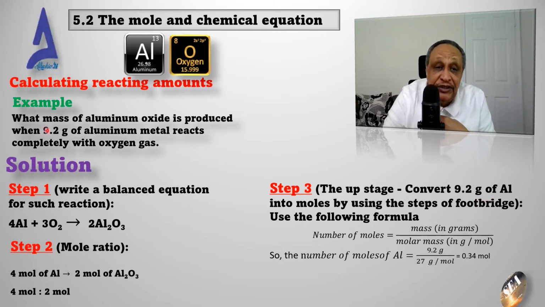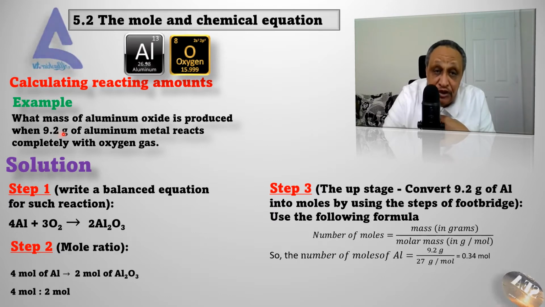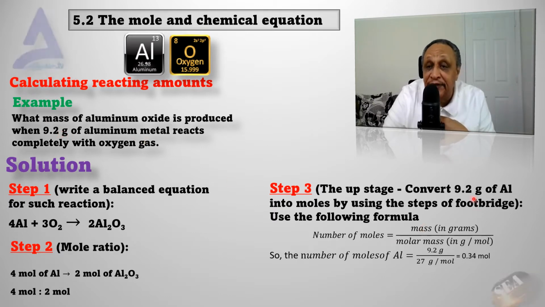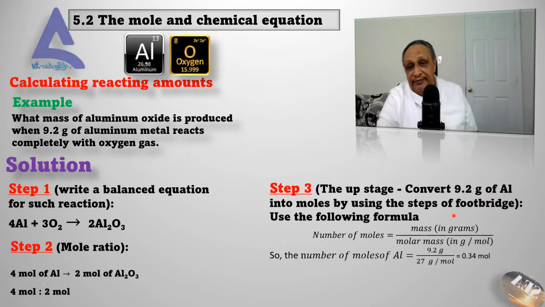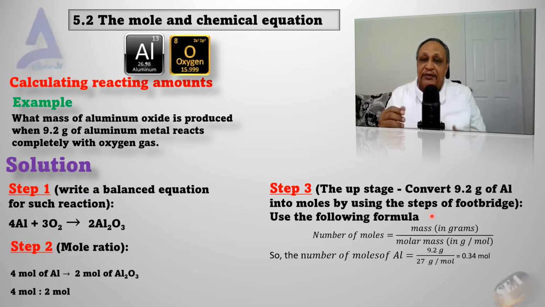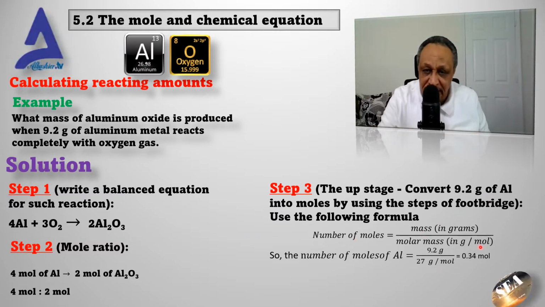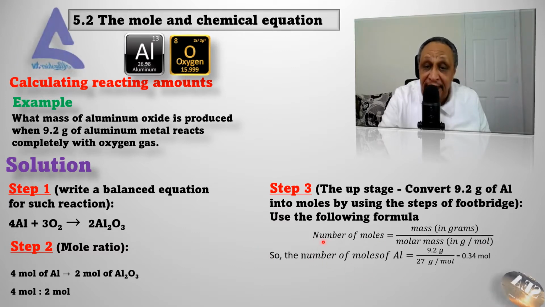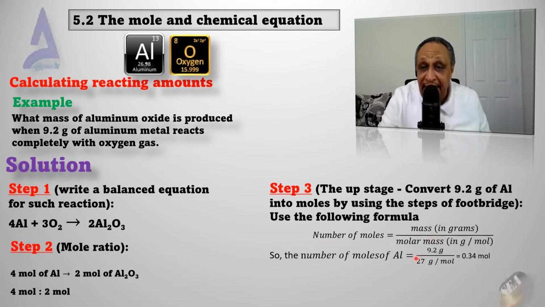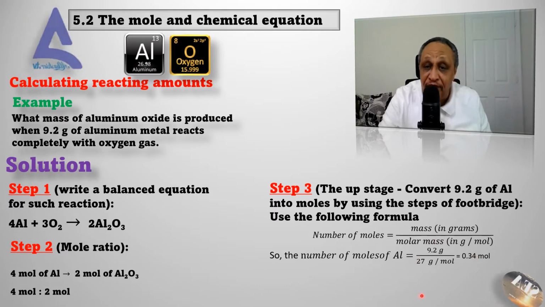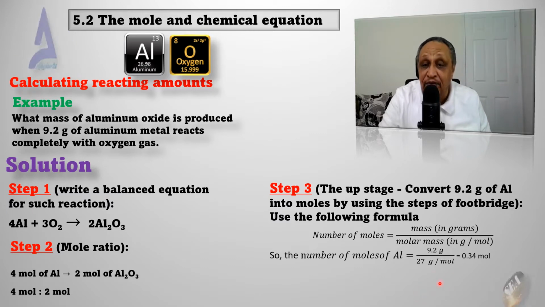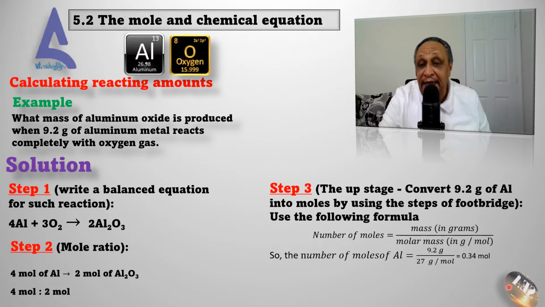So in 9.2 grams of aluminum, there is 0.34 mole of aluminum. This is very important in order to do this. I have it here: the number of moles equals the mass in grams over the molar mass, so the number of moles of aluminum equals 9.2 over 27 grams per mole, which equals 0.34 moles.